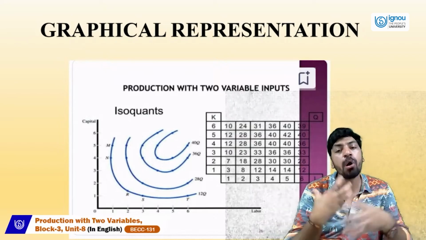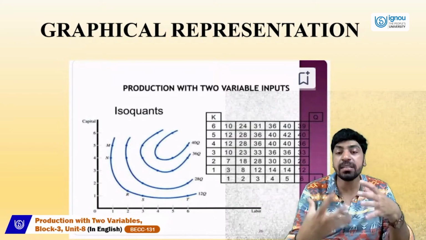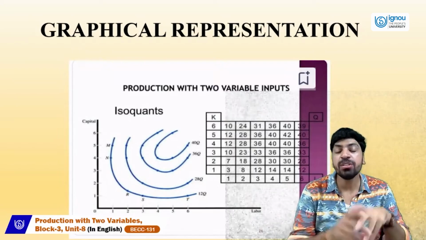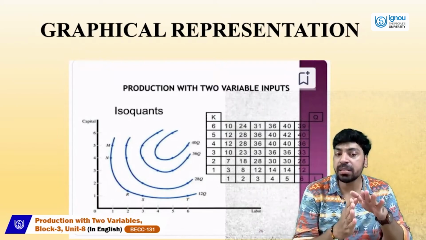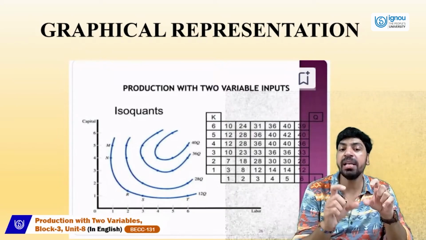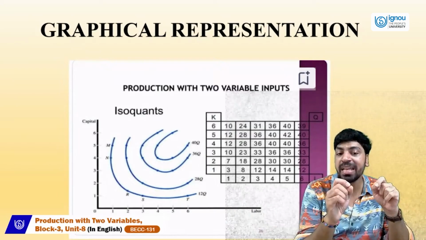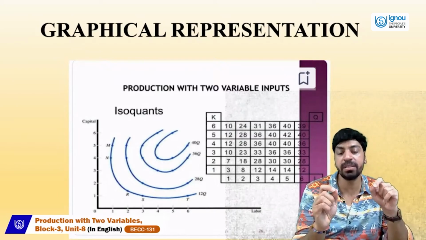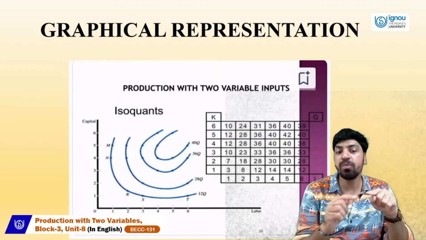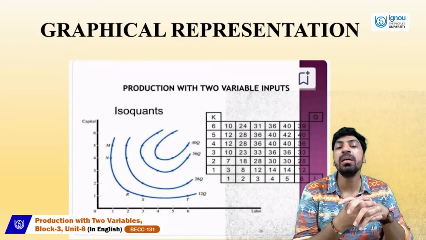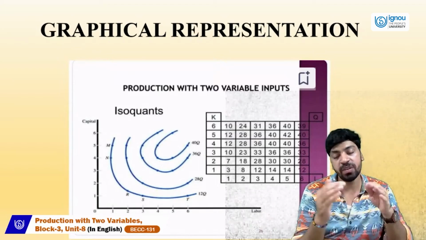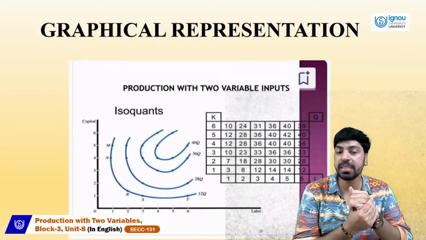How do we identify the economic region of production? If you look at the isoquant curve, the particular portion of the curve that is sloping downwards is called the economic region, which will be covered in the upcoming slides.